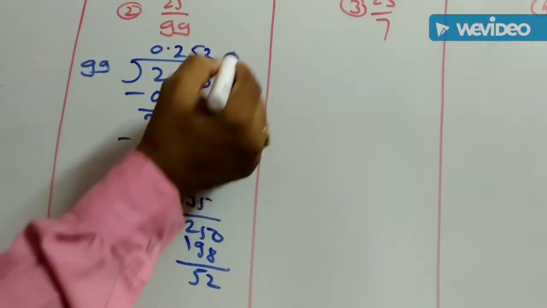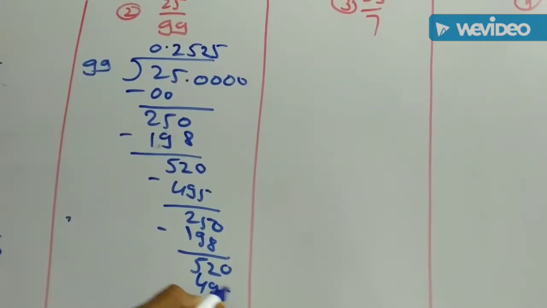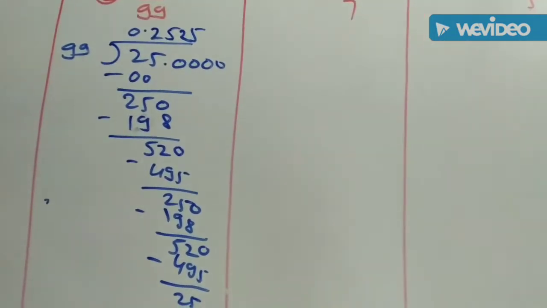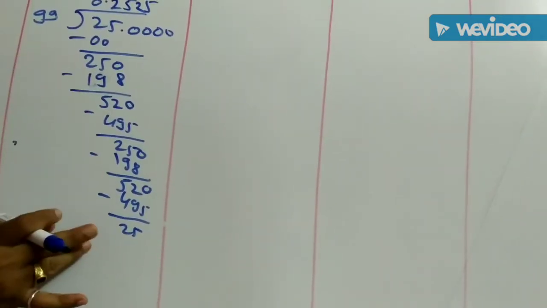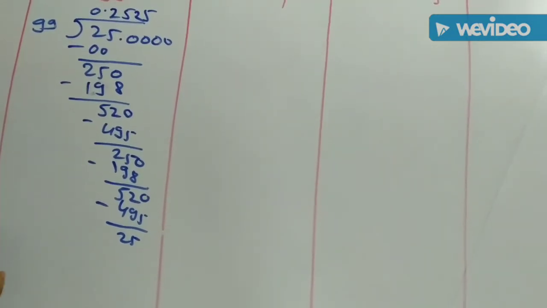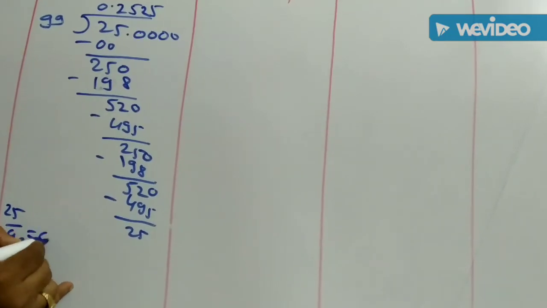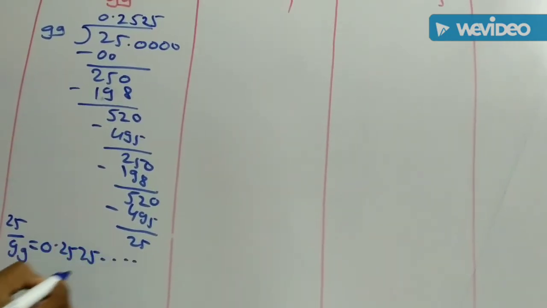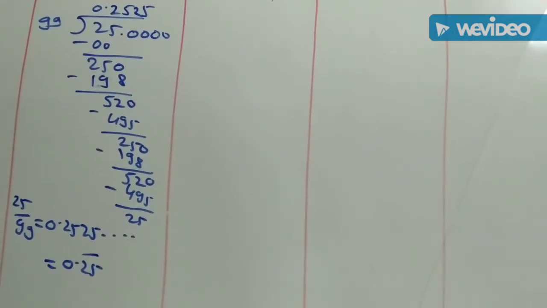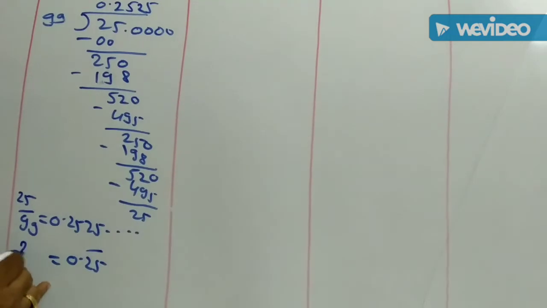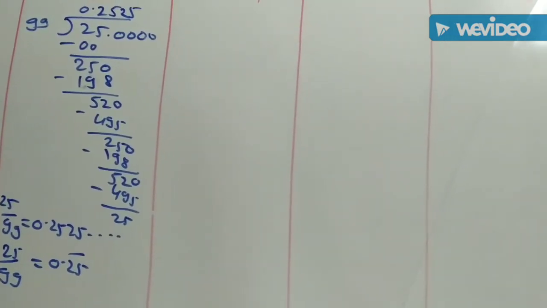Again remaining 52. Again we take 0. 99 times 5 is again 495. Again the subtraction is 25. That means the division process does not end. Therefore it is in non-terminating recurring form. Therefore we write 25 upon 99 as 0.2525 and so on. The group of digits is repeated, therefore we write it one time and put the bar on it. Therefore the decimal form of 25 upon 99 is 0.25 bar.